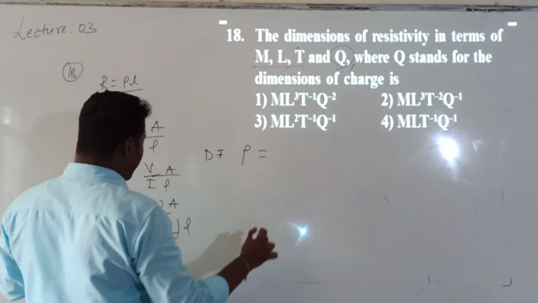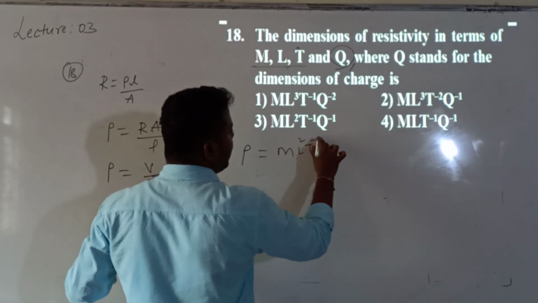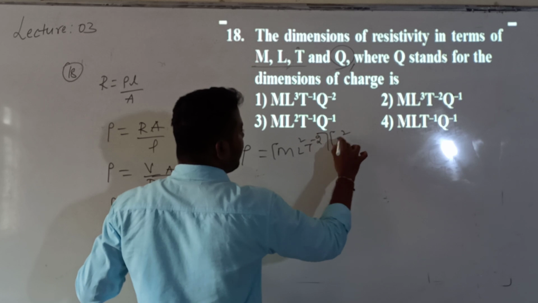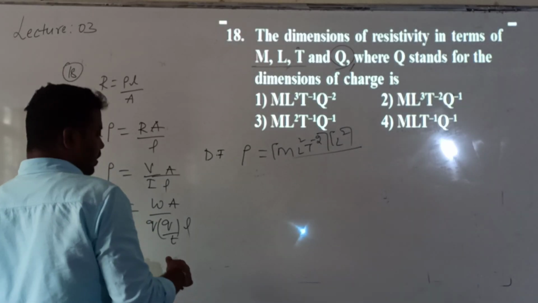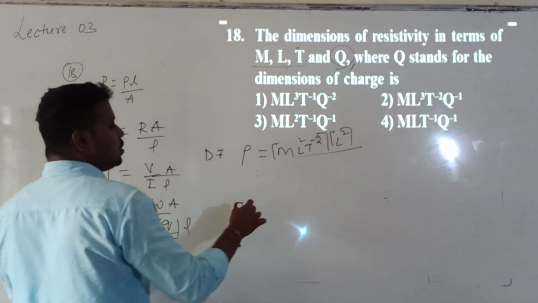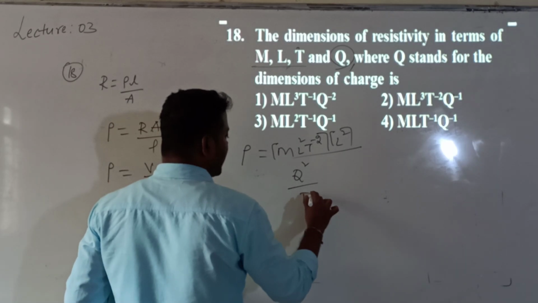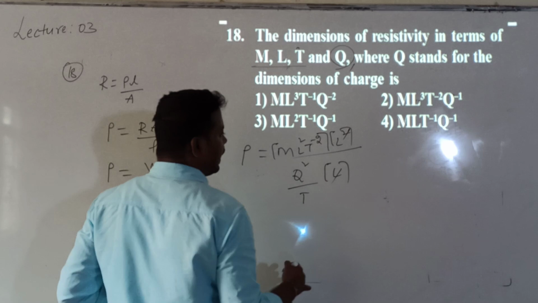Dimensional formula of rho is work done M L square T power minus 2, into area L square, as they are asking us to write it in terms of charge only. So charge dimensional formula Q, square by time T, into length L. One L cancels.